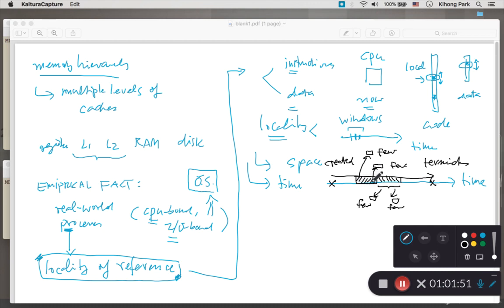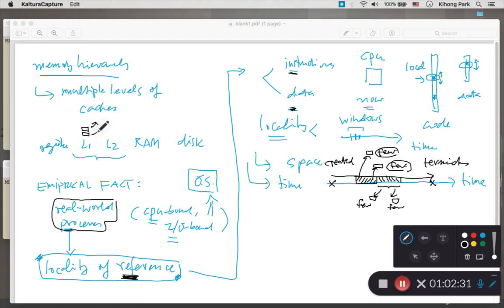And during this time scale, a process based upon real world observation has this property of locality of reference. What it references, instructions and data, tend to be localized, and that means that because they are localized, there are few, not many. They can be stored in small bits of memory, which means you can put these guys that are now being accessed in this small but super fast cache here.